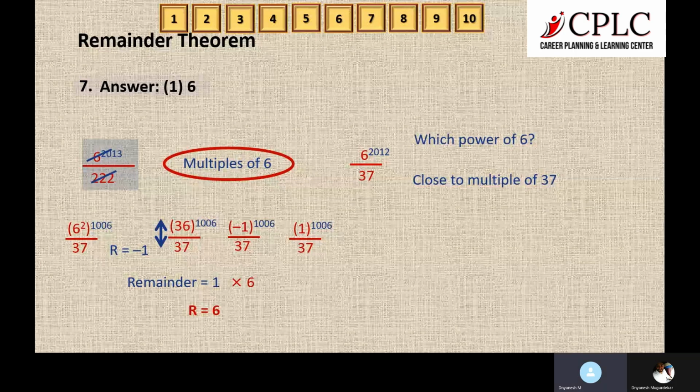So the property that we are learning here is: sometimes for adjustments, if you cancel out a common multiple from both numerator and denominator, make sure whenever you get the final answer, you multiply back with that multiple that you had cancelled earlier. So that was the learning from this question.